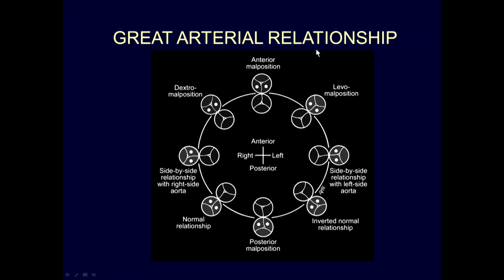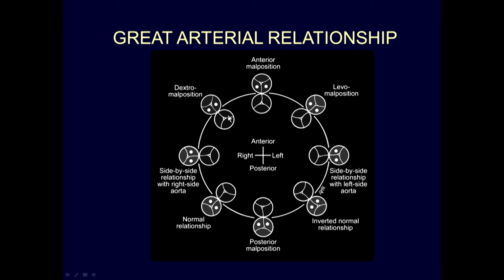So the great arterial relationship is the relative position of the aorta to the pulmonary trunk. In the normal heart, the aorta is located posterior and to the right of the pulmonary trunk.